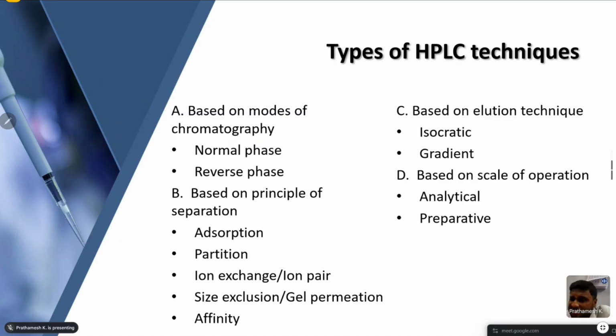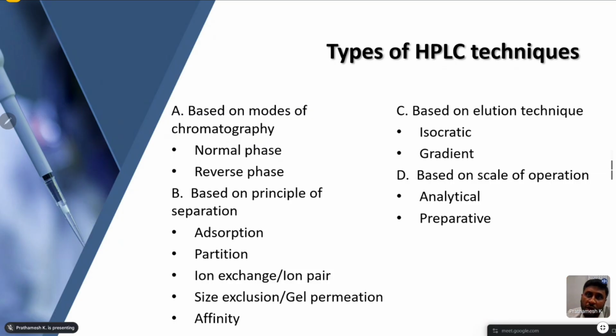Based on scale of operation, analytical and preparative. From the name itself you understand, analytical is where you want to analyze the components in the mixture, you want to know what analytes are present in the mixture and you want to quantify them. Preparative means this comes into the picture when we are dealing with an LC and an MS, liquid chromatography, mass spectrometry.